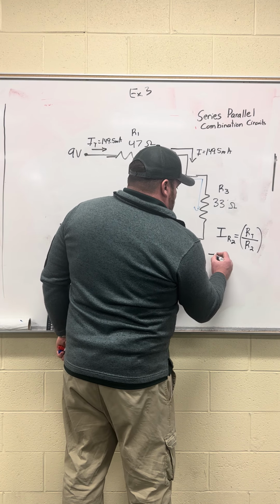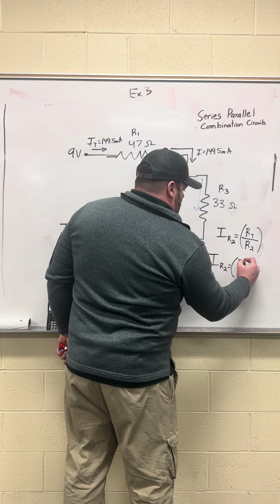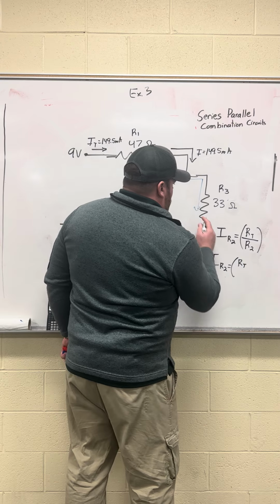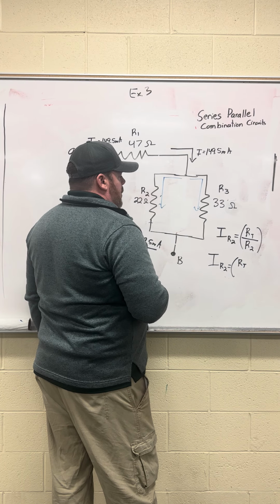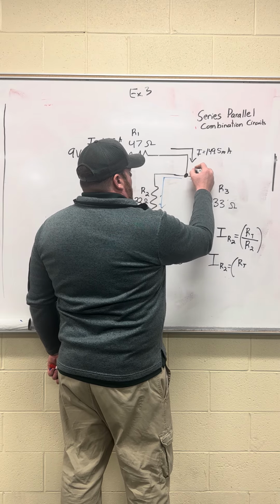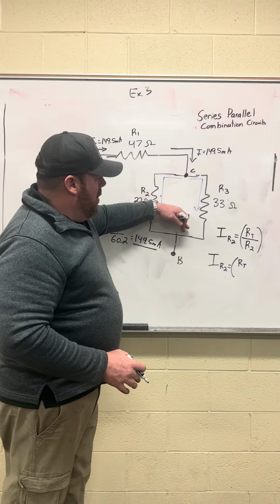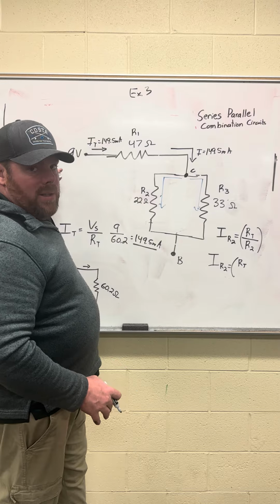Looking at my lines, I think I ran out of room. So we'll say R2 equals RT of this portion. I want to give this a C node because I want to distinguish this RT from the total resistance of the whole entire circuit.